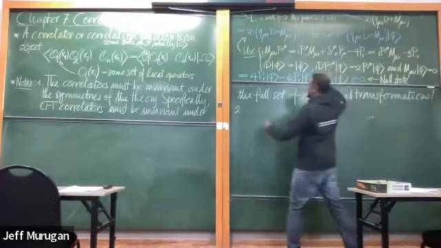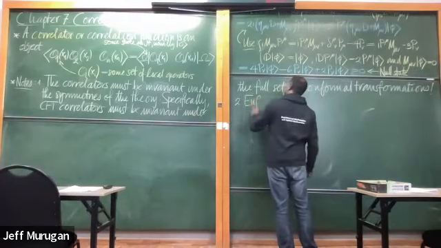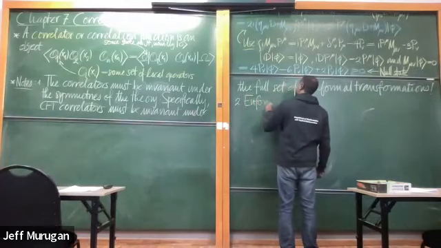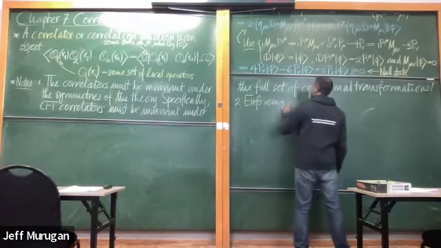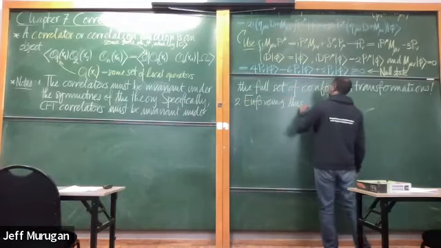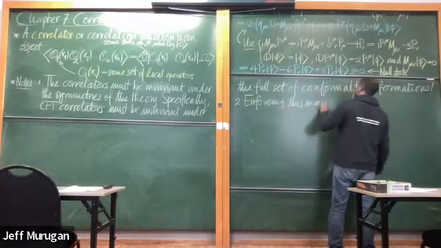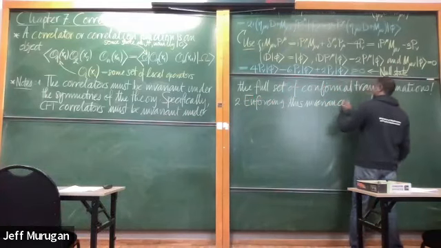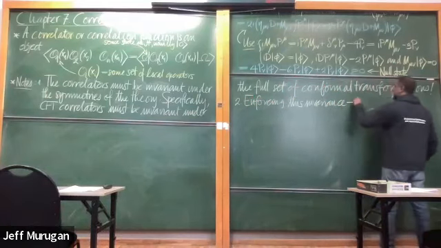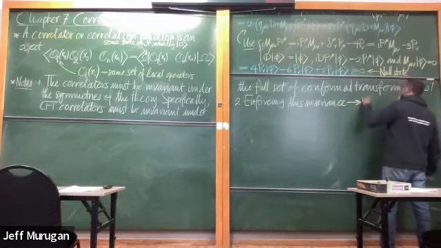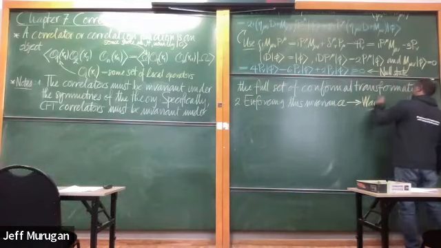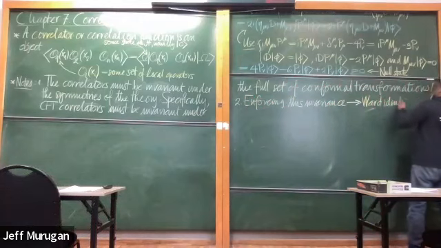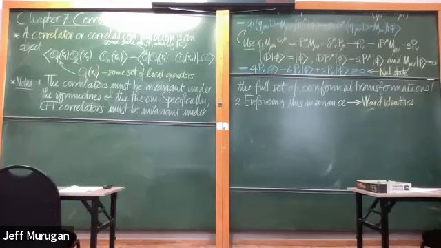So enforcing this invariance leads to the Ward identities, which again are a set of constraints that all correlation functions must satisfy.